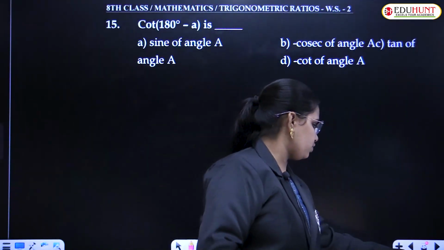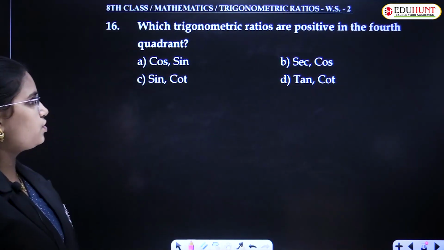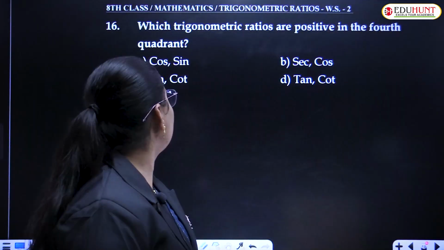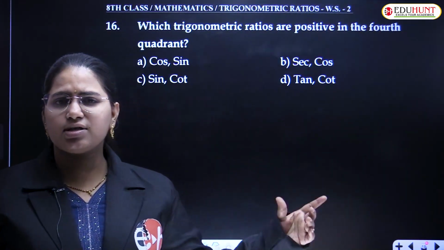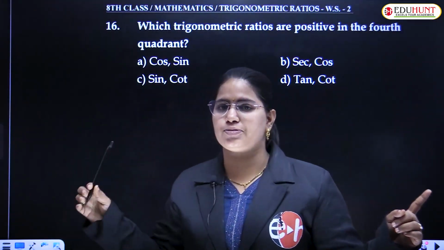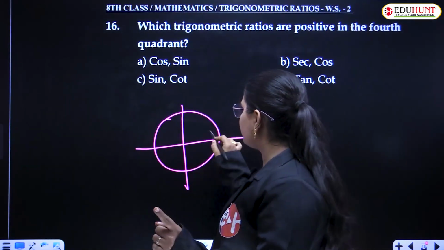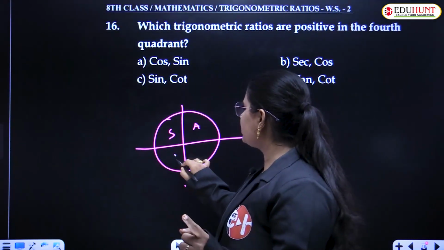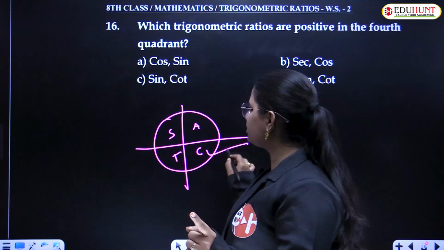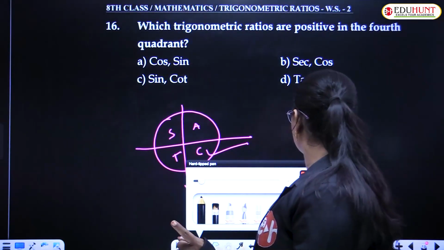What is my next question? Which trigonometric ratios are positive in the fourth quadrant? Just now I have told you, in the fourth quadrant, all silver teacups. So what is the trigonometric ratio that is positive in the fourth quadrant?